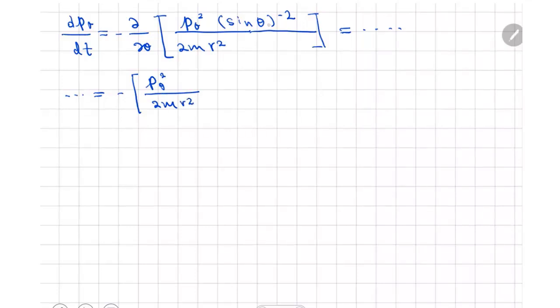But the term sine of theta, I'm gonna derive that one. So the derivative is gonna be minus 2 sine of theta to the power minus 3. That's the external derivative. Okay, that's the chain rule. The external derivative and the internal derivative is gonna be cosine of theta, because the derivative of sine is cosine.